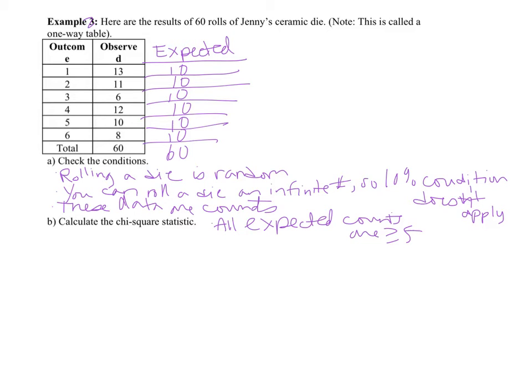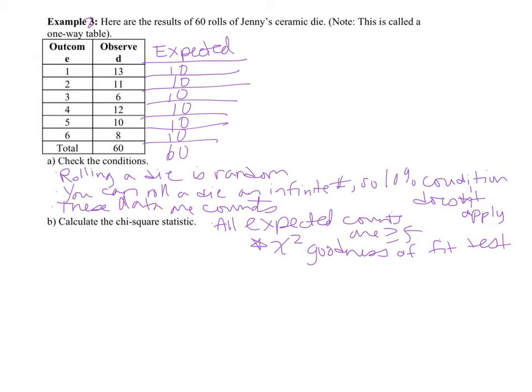At this point, I would recommend that you do mention that this is a chi-squared goodness of fit test. And the goodness of fit is actually going to be really easy to recognize. You almost always will see it listed as a one-way table, which you have above.